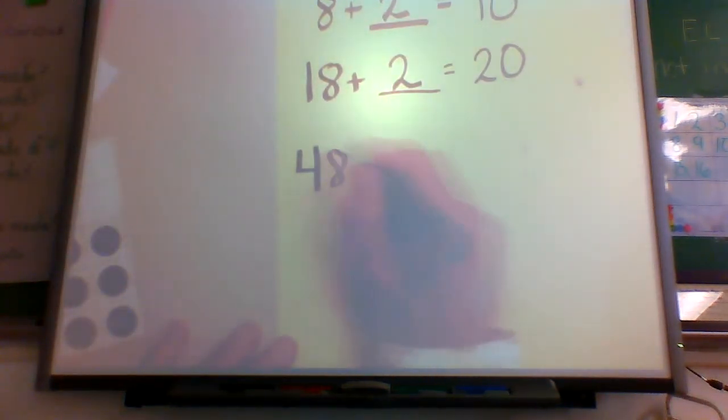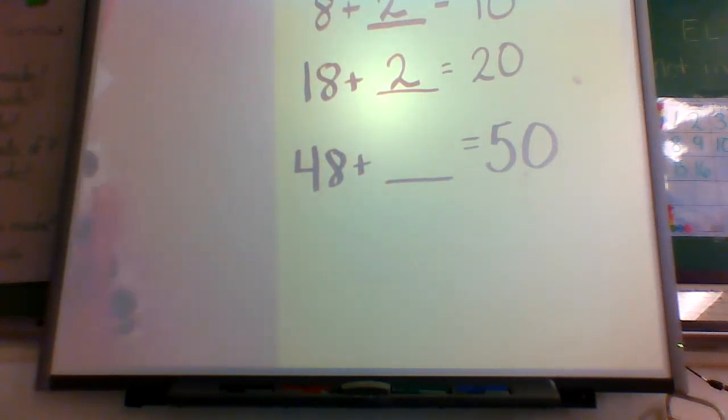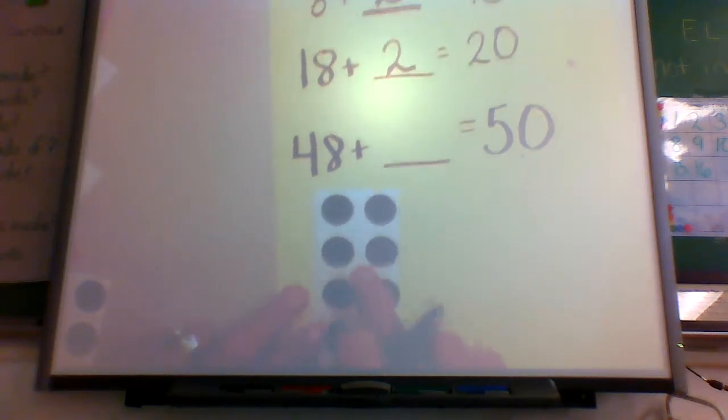48 plus what will get me to the next 10, which is 50. So let's pretend that we have 4 of these 10 frames full. Okay, we have 4 of them. 1, 2, 3, 4.